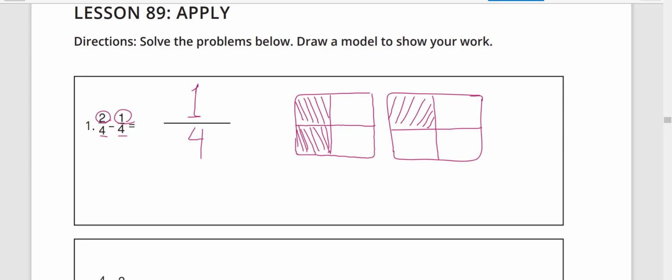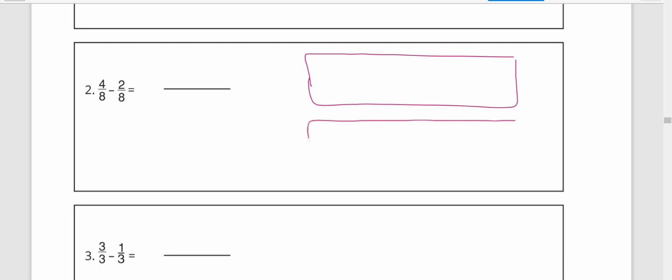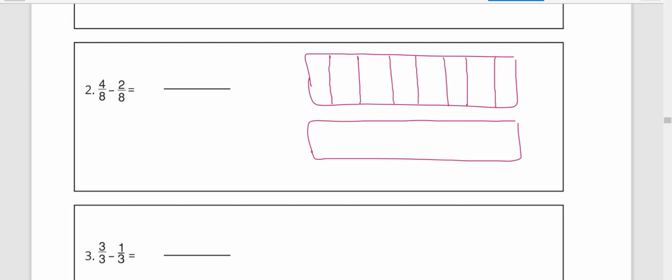Number 2: 4/8 minus 2/8 equals what? Draw the two models and represent these two fractions on the two models. Divide each model into 8 equal parts.